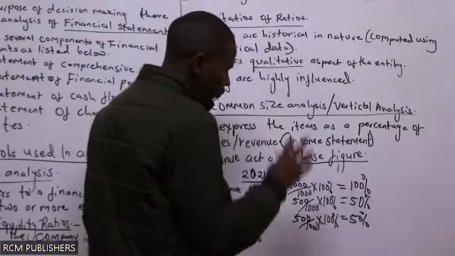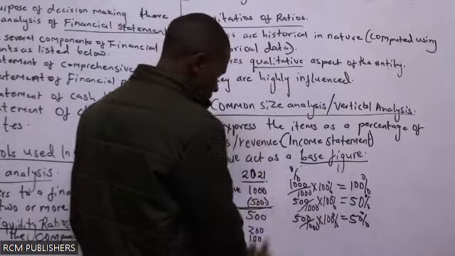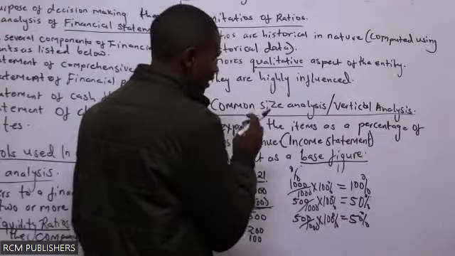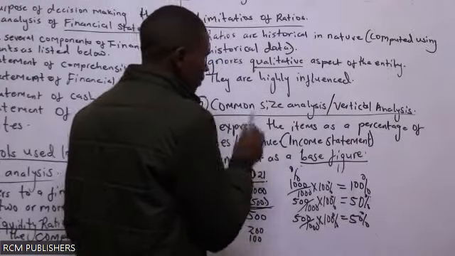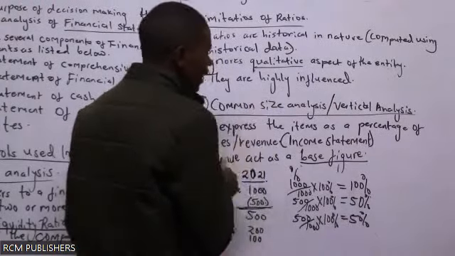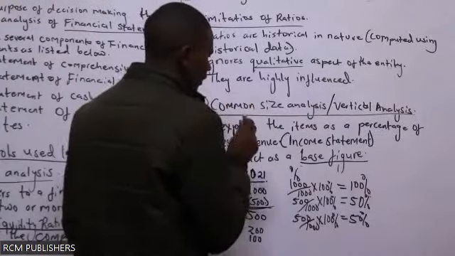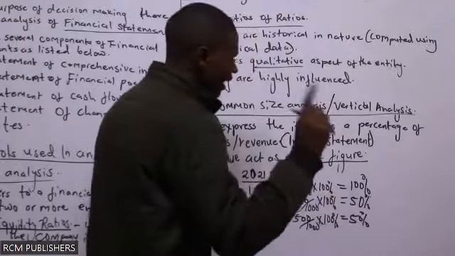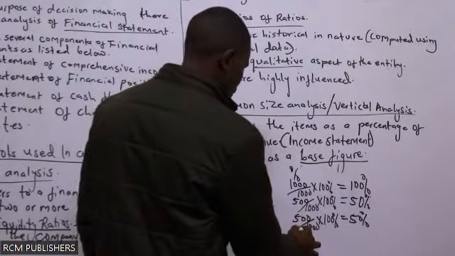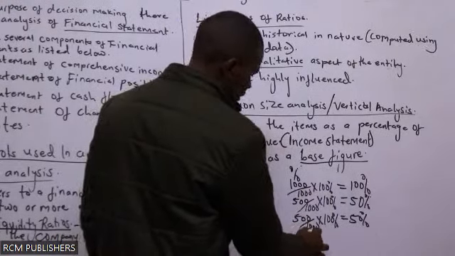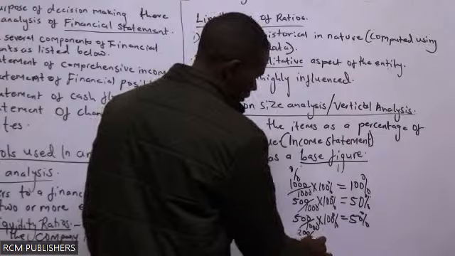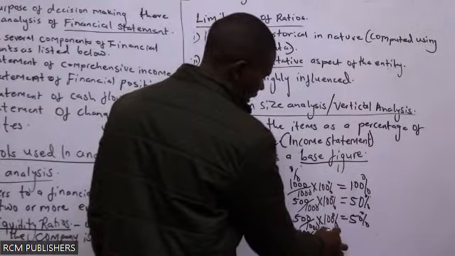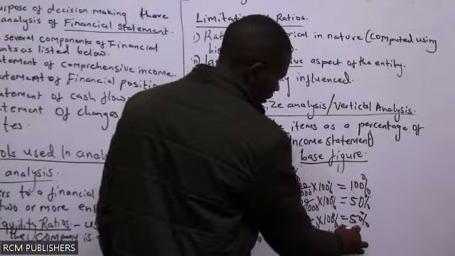Can you write somewhere down here, maybe below this, that under balance sheet, the common or base figure is total asset. Just write it in your own words. So this will be 200 divided by 1,000, then you multiply by 100%, which will give me 20%.